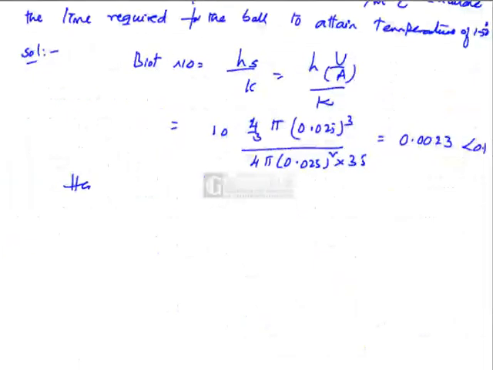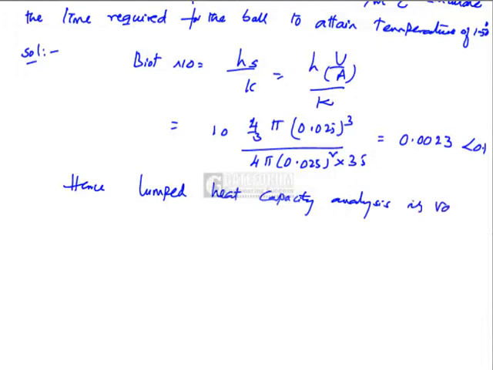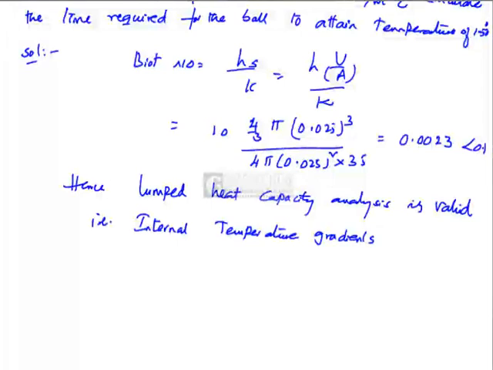So hence lumped heat capacity analysis is valid because Biot number is less than 0.1. That is, internal temperature gradients can be neglected.